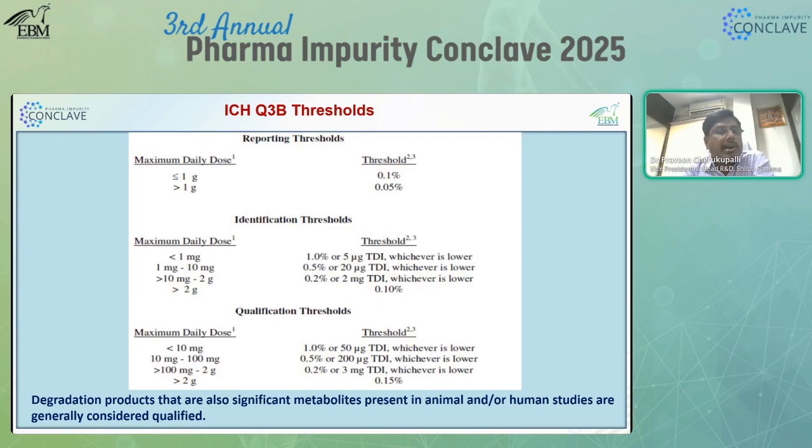One point here: degradation products that are also significant metabolites present in animal and human studies are generally considered qualified. So for these degradation impurities or metabolites, we have to make them known and put appropriate limits as per the ICH guidelines.